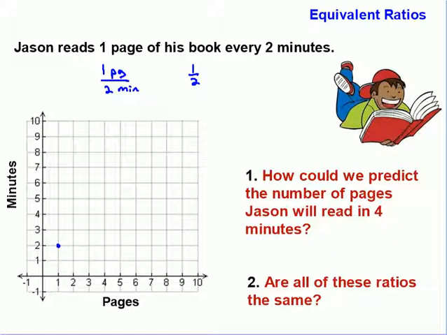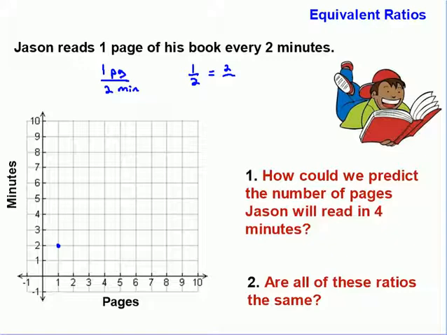So, think with me, if he were to read 2 pages, how long would it take him? It took one page 2 minutes to be read. Now he has 2 pages to read. How long will that take him? Well, we're doubling the number of pages, so it would seem like we would double the number of minutes.